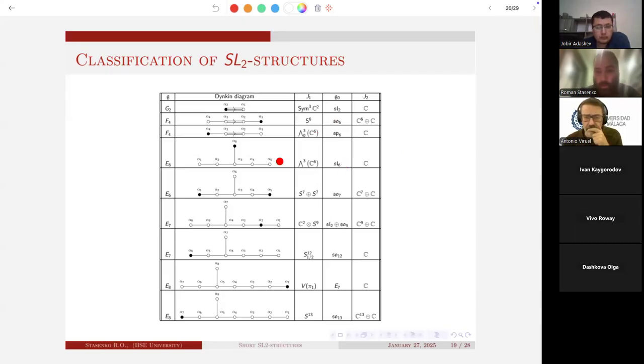So the full classification you can see here. So by S is the spinor irreducible representation of the Lie algebra of skew-symmetric matrices of the bilinear form.